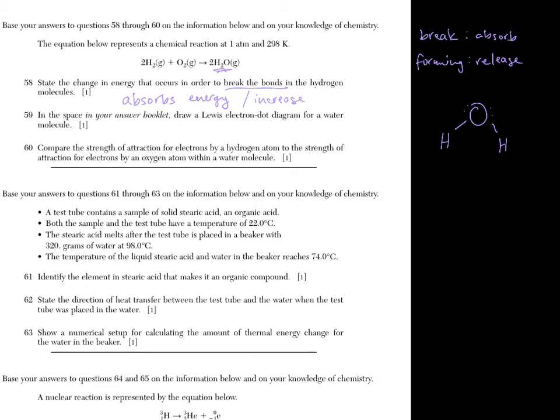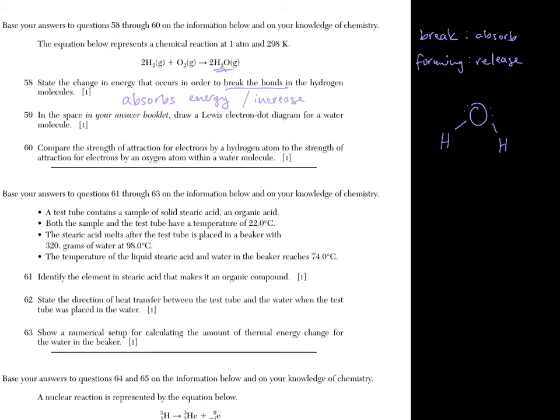Right there, 2 lone pairs to complete the octet. And that is your Lewis electron dot diagram for water. You don't have to do it in this bent configuration. You could do it linear, but just to be very precise, because you never know who's grading you, I highly suggest you put in the bent shape, because that's how water molecules are actually formed.